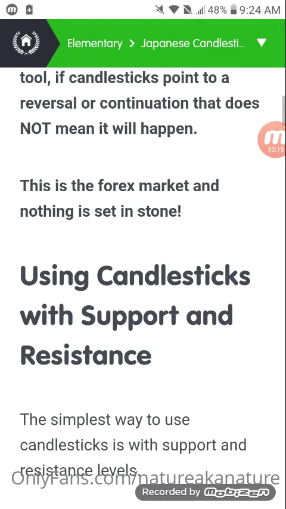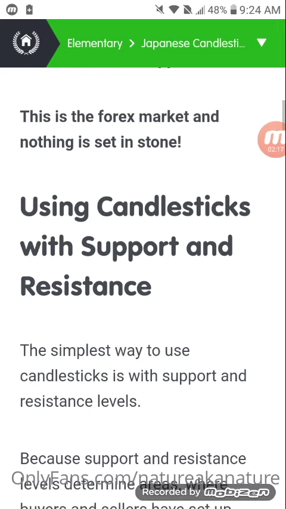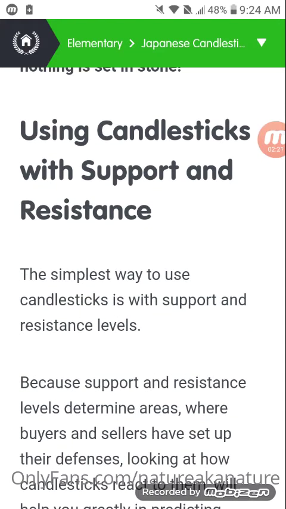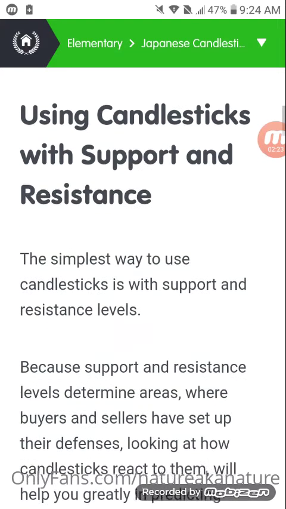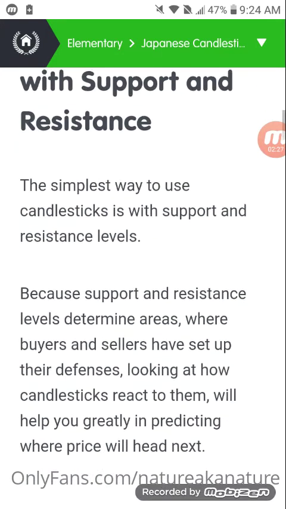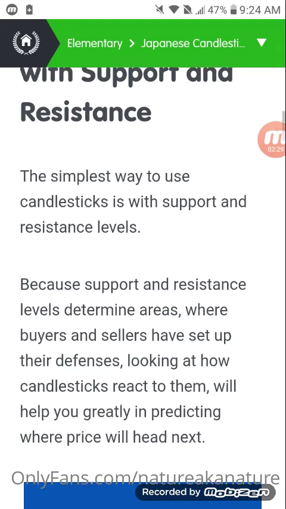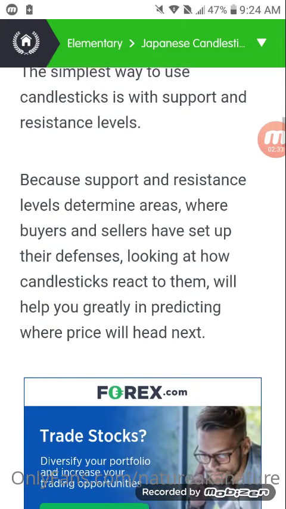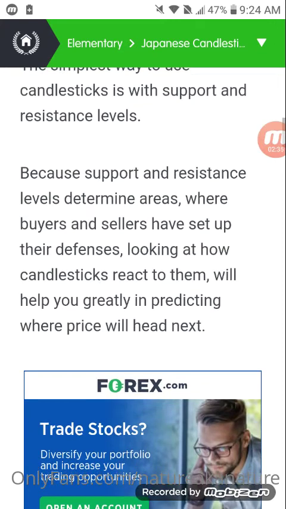So let's learn about how to use candlesticks with support and resistance. The simplest way to use candlesticks with support and resistance levels is this: support and resistance levels determine areas where buyers and sellers set up their defense.